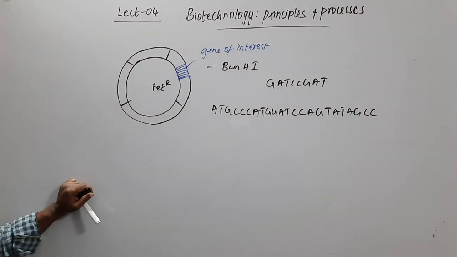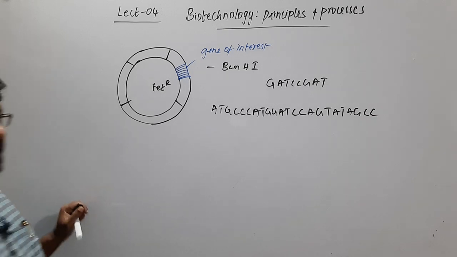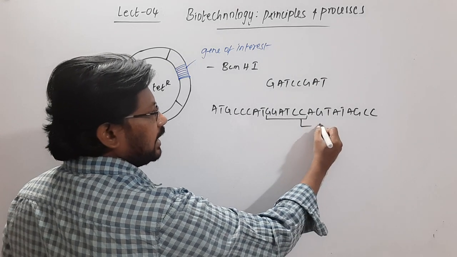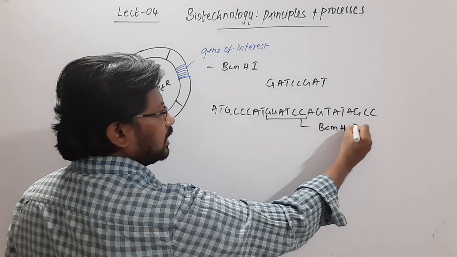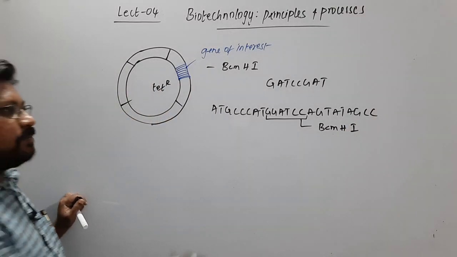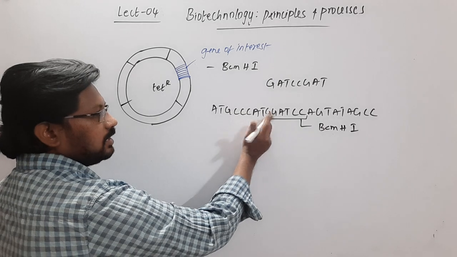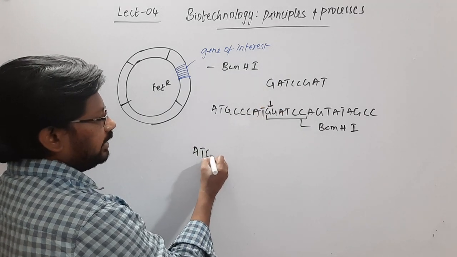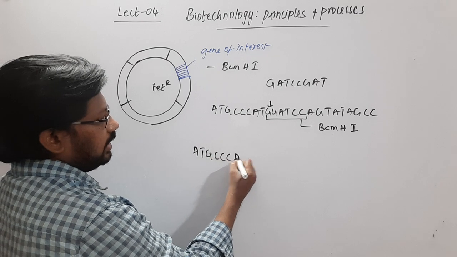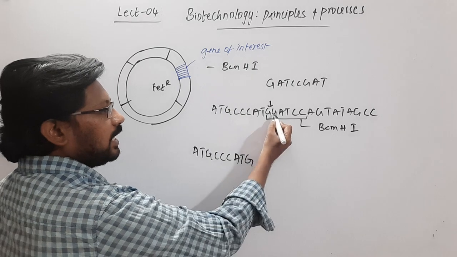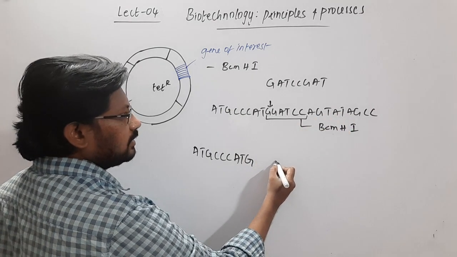So that's the sequence. So BamH1 will identify the palindromic sequence GGATCC here. When I apply this BamH1 restriction endonuclease, we know that BamH1 is going to cut between G and G. So then it becomes AT, GATCC, AT, then G, right? And then this one gets separated.